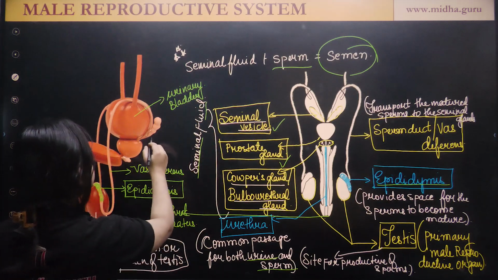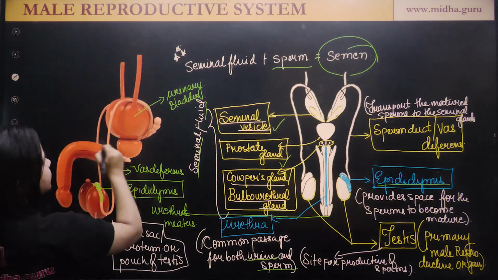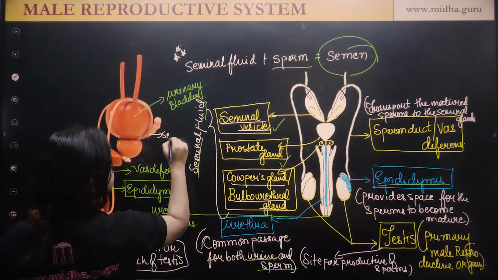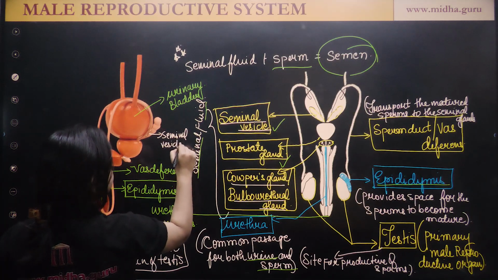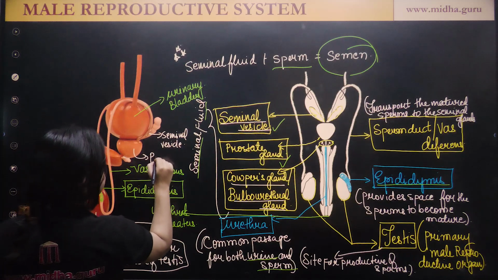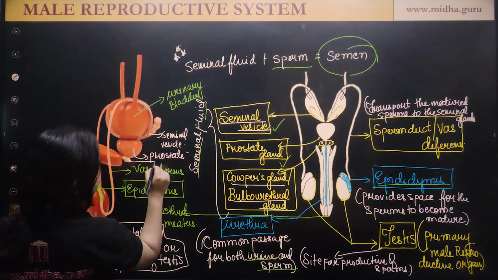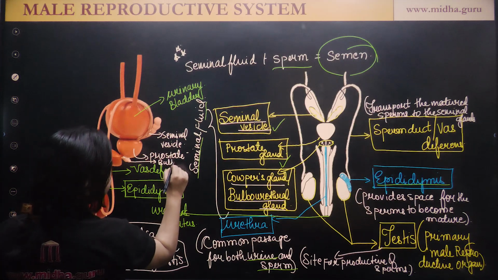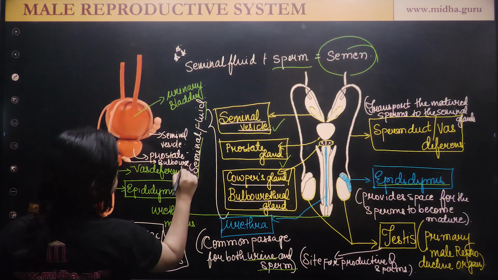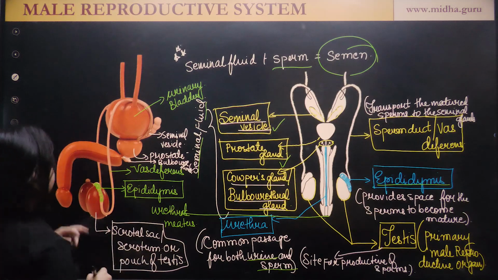Now this is the seminal gland, the seminal vesicle. Then we have this prostate, and then lastly the bulbourethral gland.